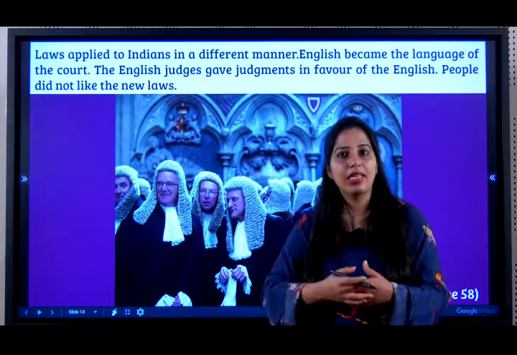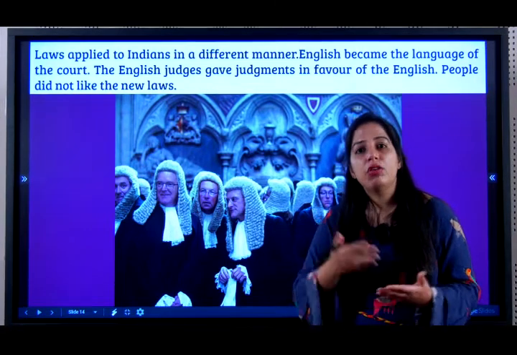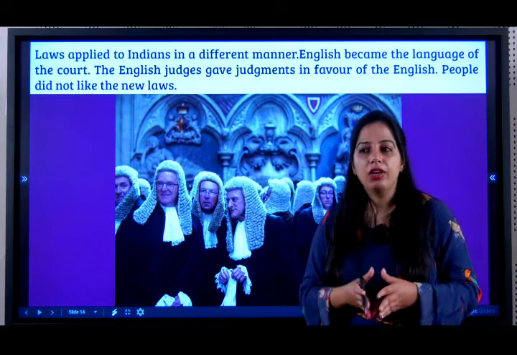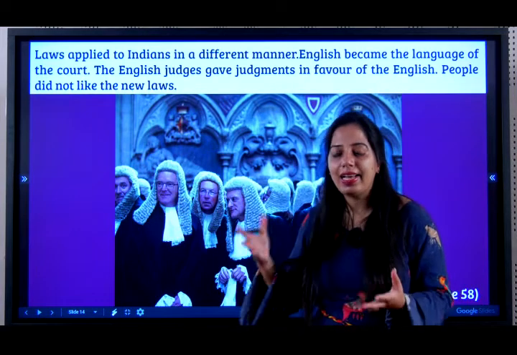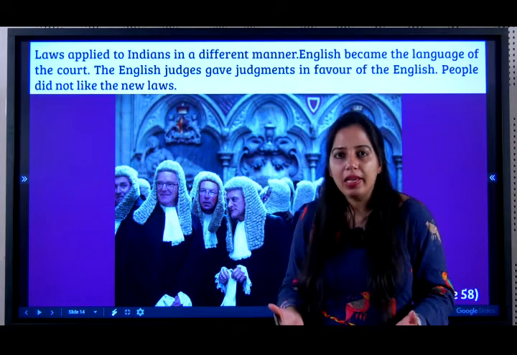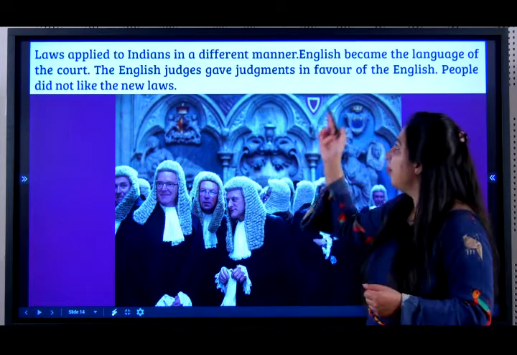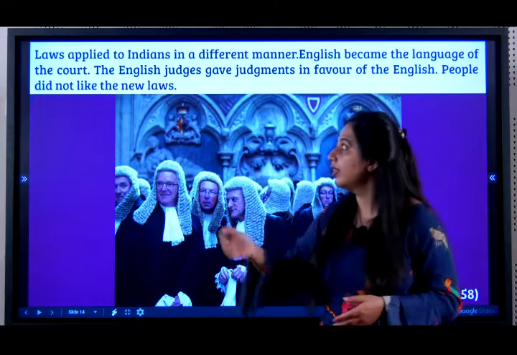Now students, English education was very, very new in India. The majority of the population didn't even know English. Now you can imagine if you've been told to go to the court and fight in a language which you don't even know how to speak. How is that even possible? How is that fair? They made English the language of the court, which made it very unfair to Indians.